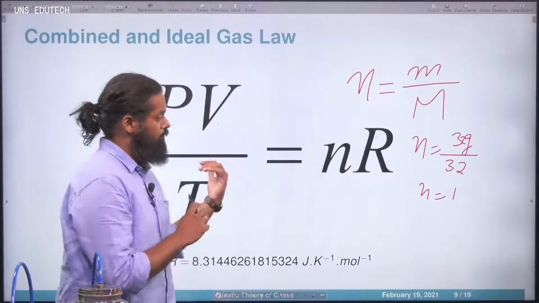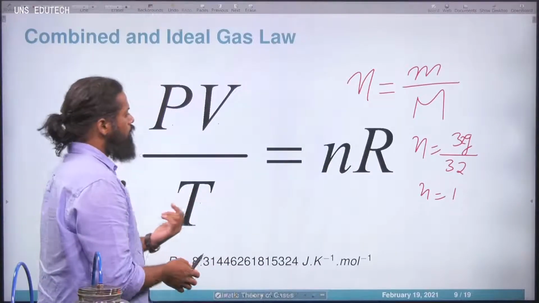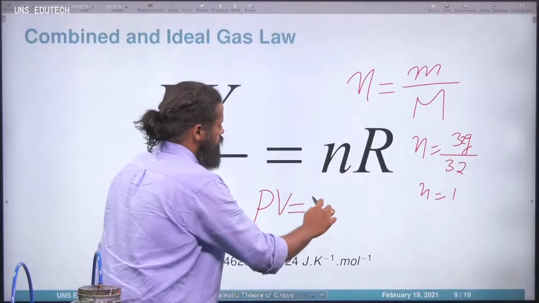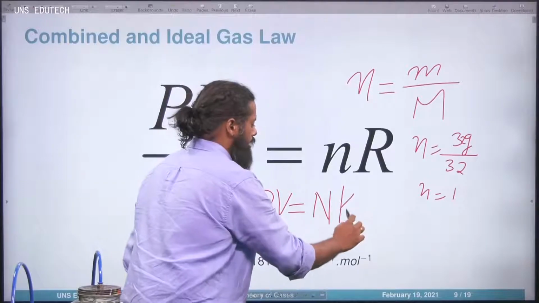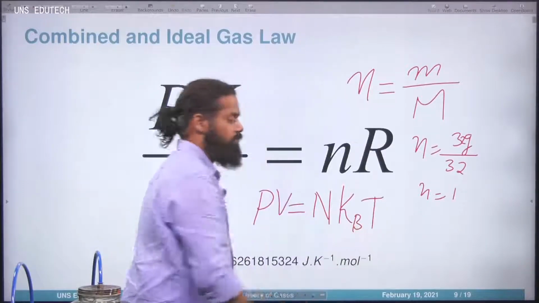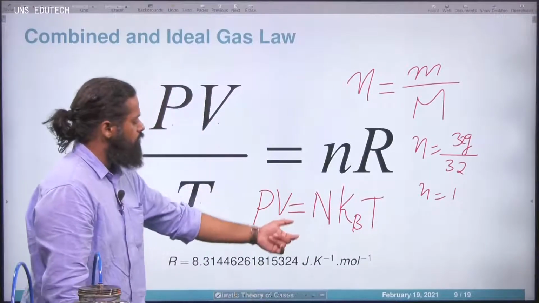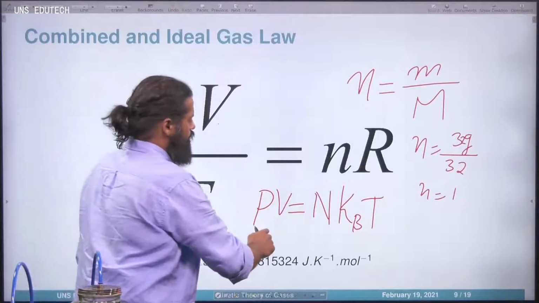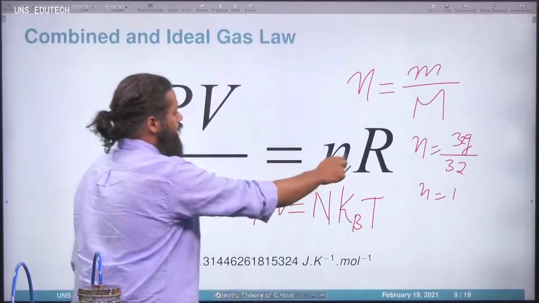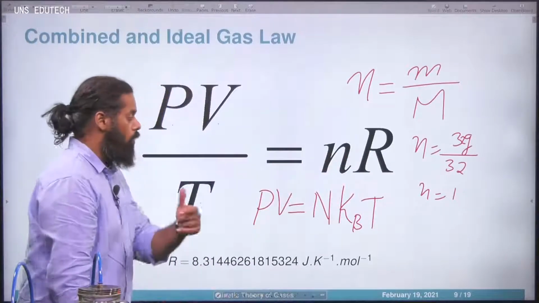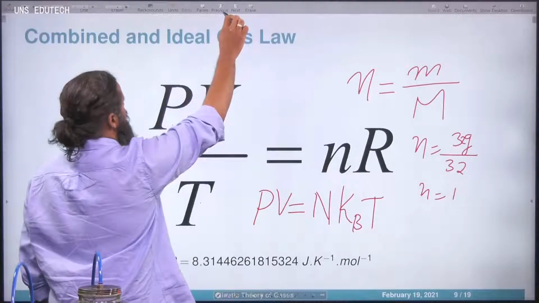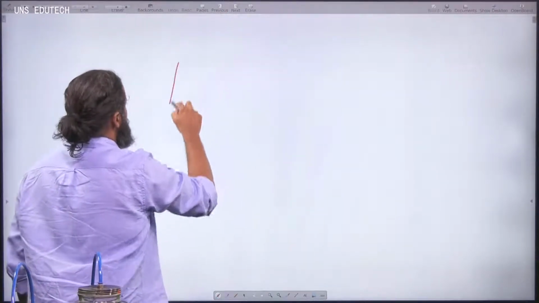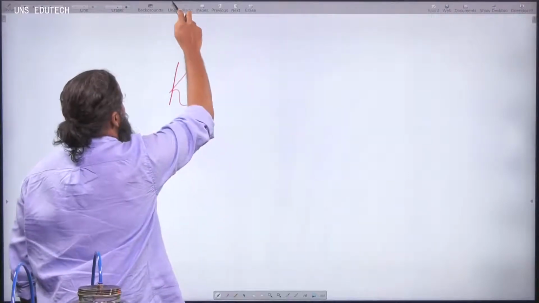So there is a relationship between R and N. The previous equation, you know, is PV is equal to N into KB into T. If you compare these equations, PV by T, we can write down here, or we can say nR is equal to N KB. Let me write down both equations again.